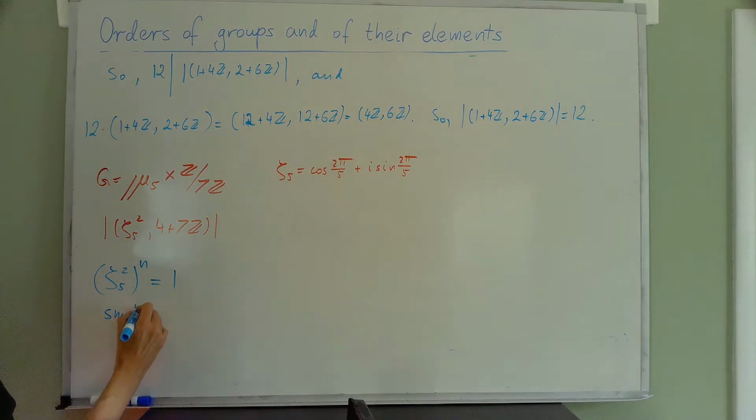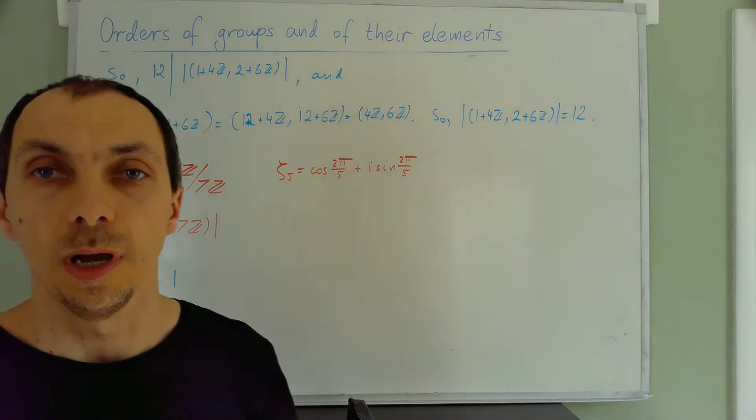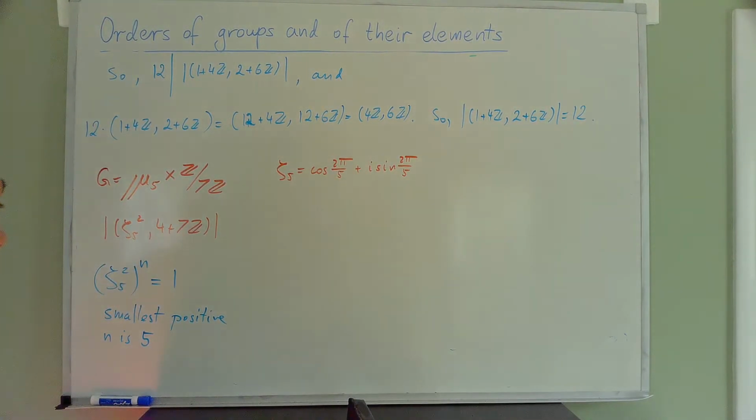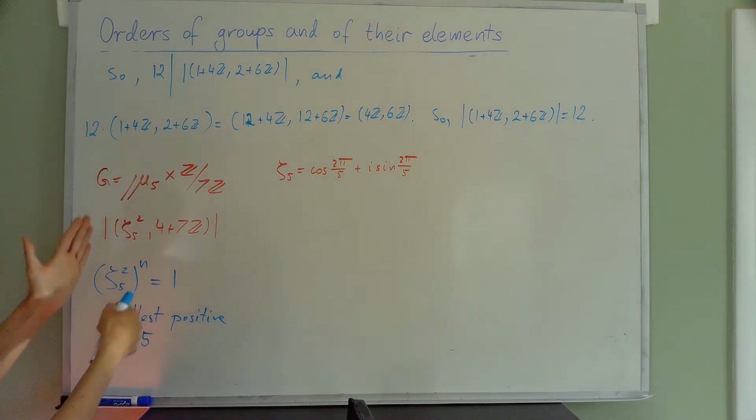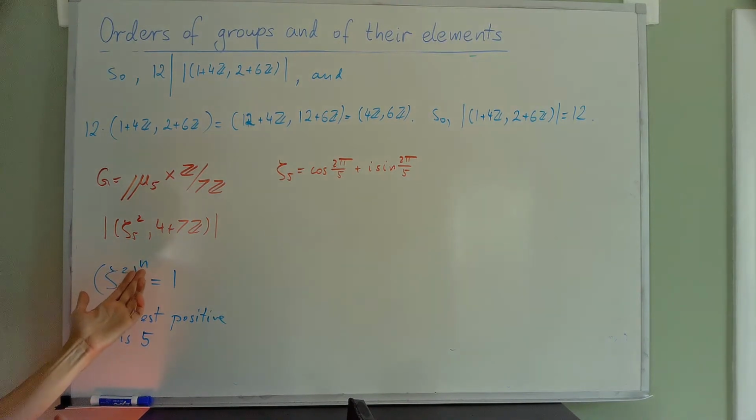The smallest positive n is 5. We did the example of just the group mu 5, so you know the order of zeta 5 squared inside just mu 5 is actually 5. So the smallest positive integer that works here is 5.